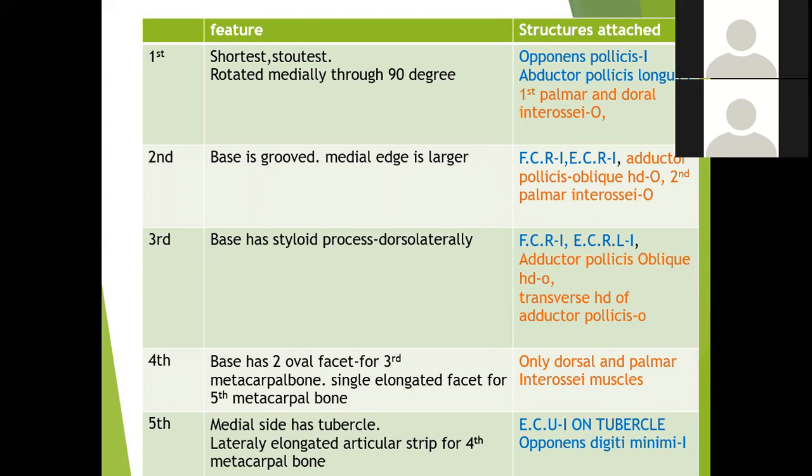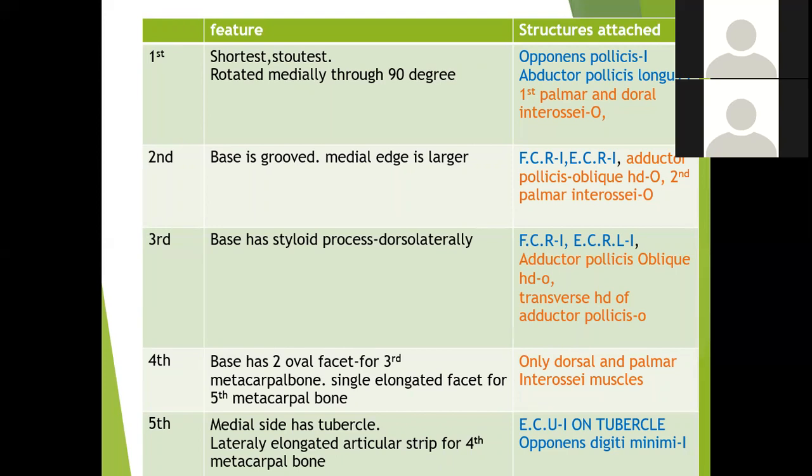No palmar interosseous is attached to the third metacarpal bone. Remaining muscles are attached to all the metacarpal bones. So once again, I repeat: the first metacarpal bone gives insertion for opponens pollicis and abductor pollicis longus, and the first palmar and dorsal interosseous are attached.